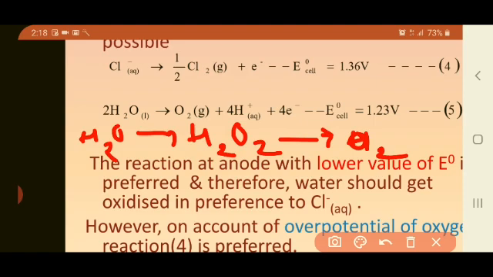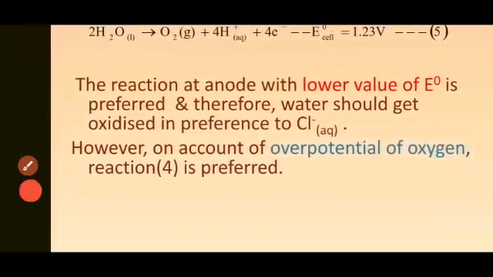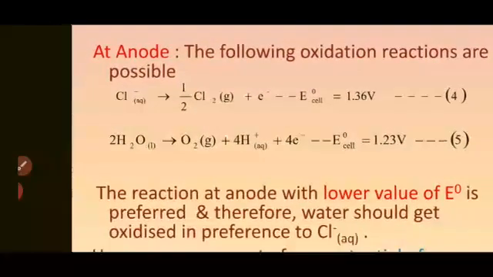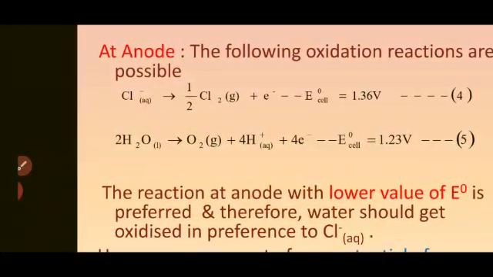For the first step, the oxidation of water into hydrogen peroxide, it requires nearly 1.76 volt potential, and hence practically this is not possible. That we call the over potential of oxygen, and hence reaction 4 is preferred, that is formation of chlorine gas. Therefore at the cathode hydrogen gas is liberated and at the anode chlorine gas is liberated.